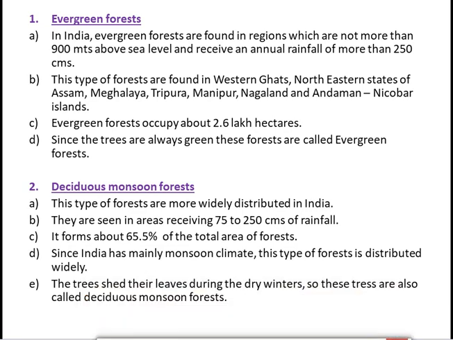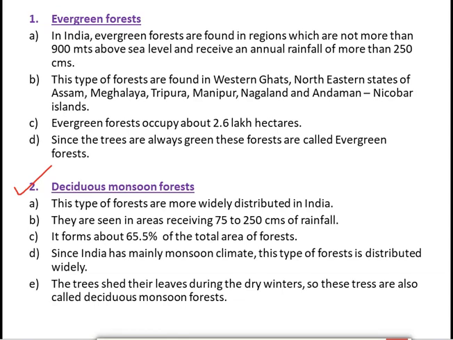Now let's discuss the second type of forest, the deciduous monsoon forest. This type of forest is more widely distributed in India, which means we can get these forests in many parts of our country. They are seen in areas receiving 75 to 250 centimeters of rainfall.